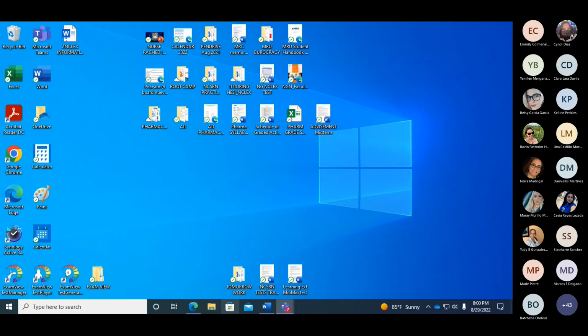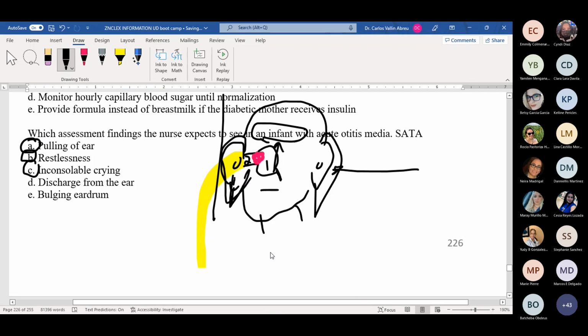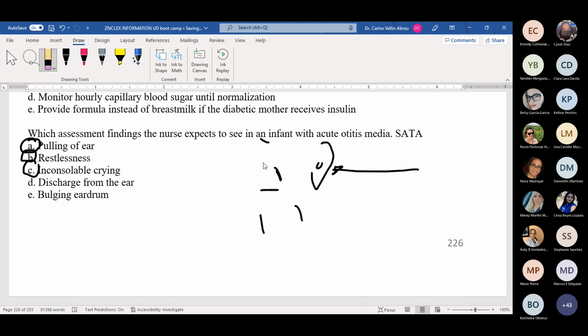Go back to our question. Okay, and that's what you didn't understand. Picasso is nothing compared with me. So this chart is also possible. And is bulging eardrum possible?